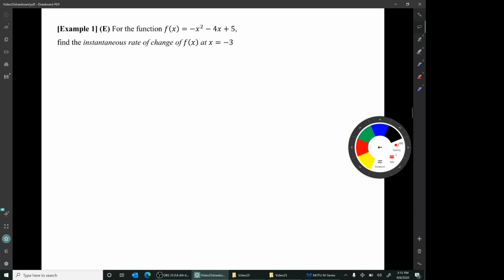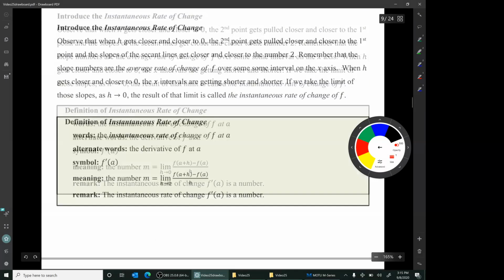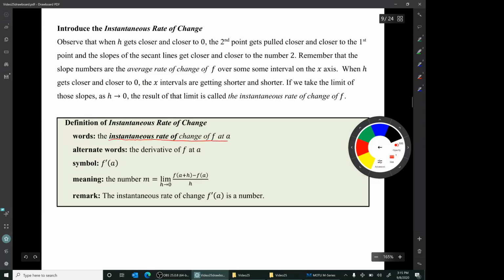So for question E, for this same function, we're supposed to find the instantaneous rate of change of f at x equals -3. Well, let's go back up again and see what that means. The instantaneous rate of change of f at some number means that we have to compute this.